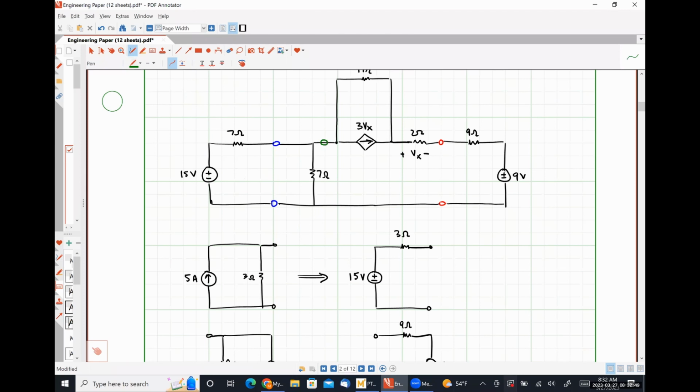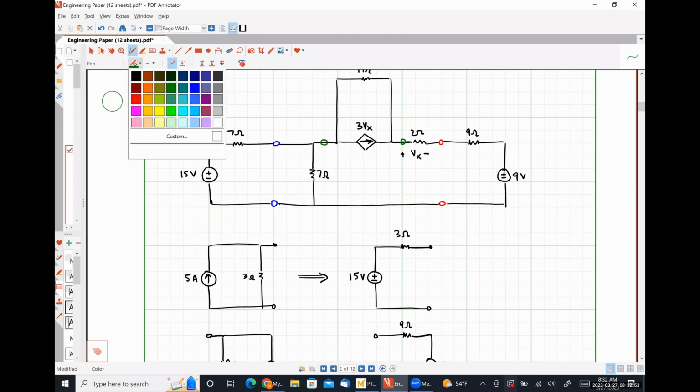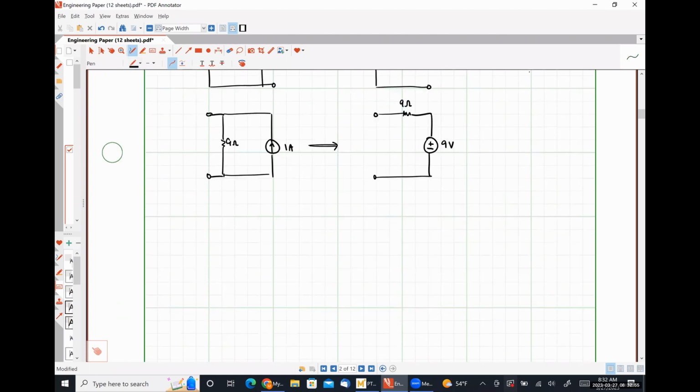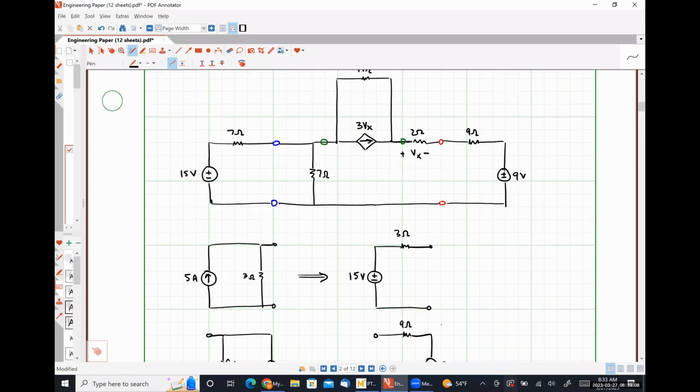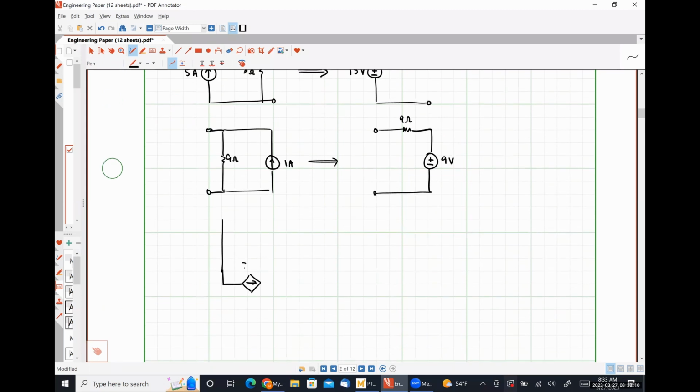So I'm going to put a terminal here and a terminal here. Make sure I'm getting the direction right there. Yep. Oops, screen moved on me.